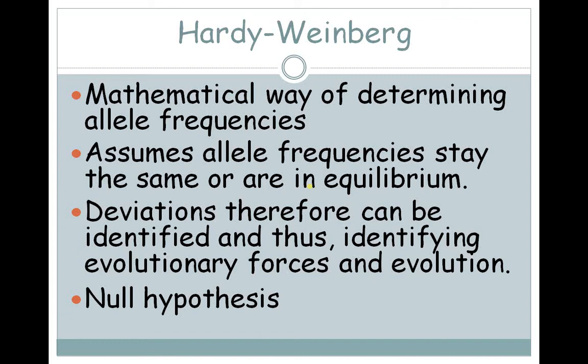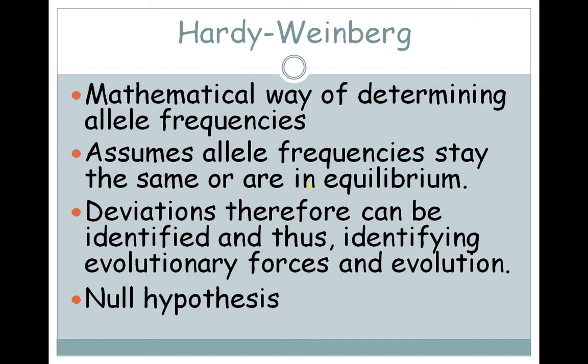What Hardy-Weinberg does is assume that allele frequencies in a population will always stay the same, so they are in what we would call equilibrium. Therefore, if they're not staying the same, that means that population is undergoing evolution because the allele frequencies are changing over time.